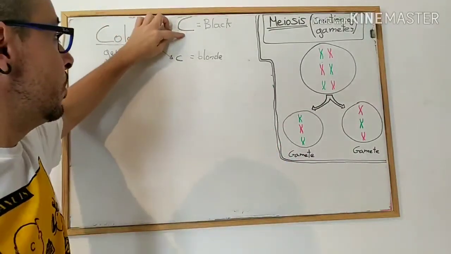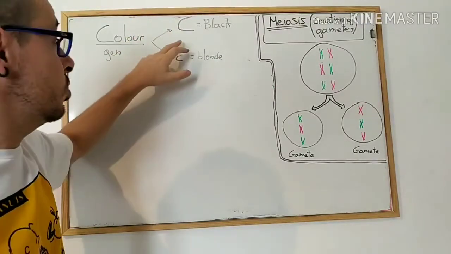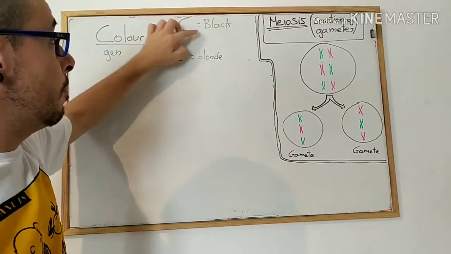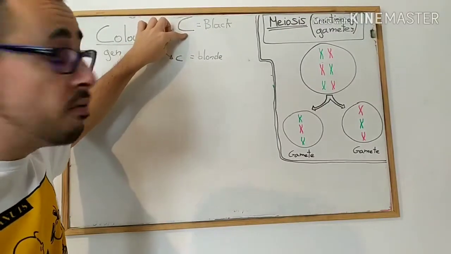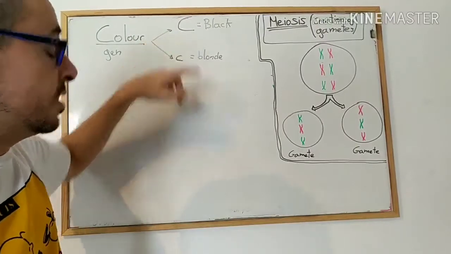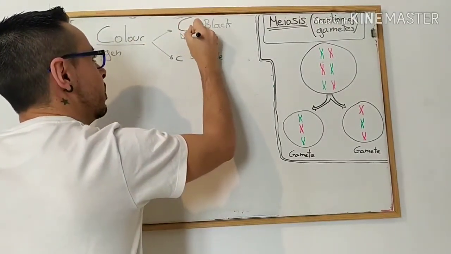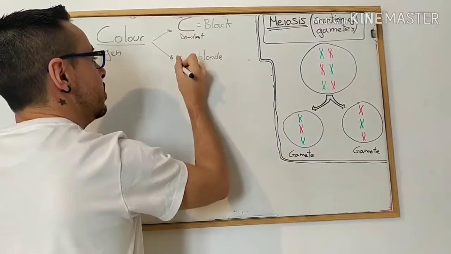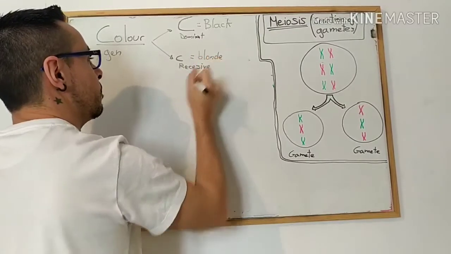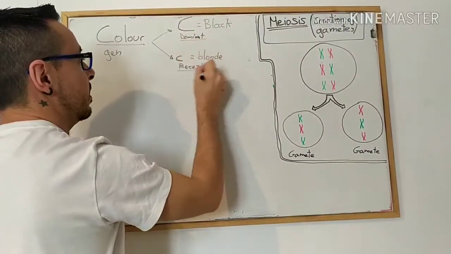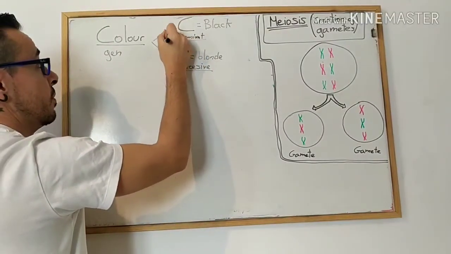In this case, if we have these two alleles, we call them alleles, or these two genes, you are going to have black hair, not blonde, because black is more powerful than blonde. We say that this is dominant, and this one is recessive. Dominant and recessive. Okay, and we call them alleles.